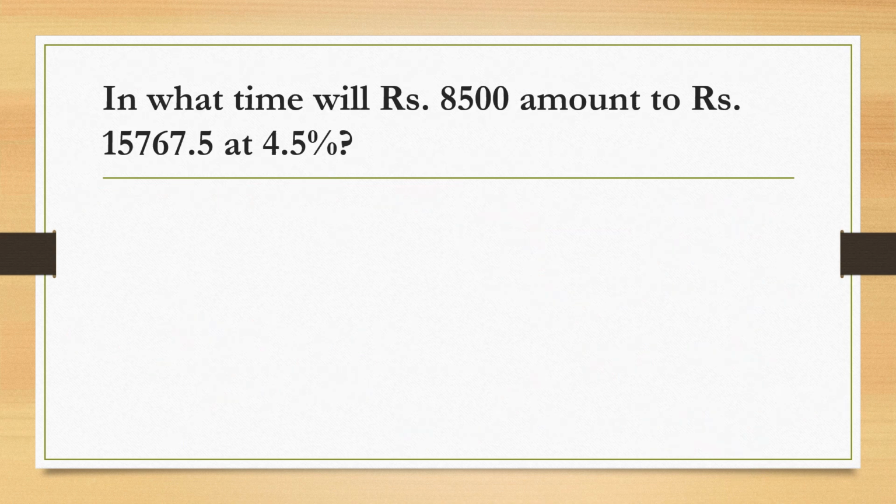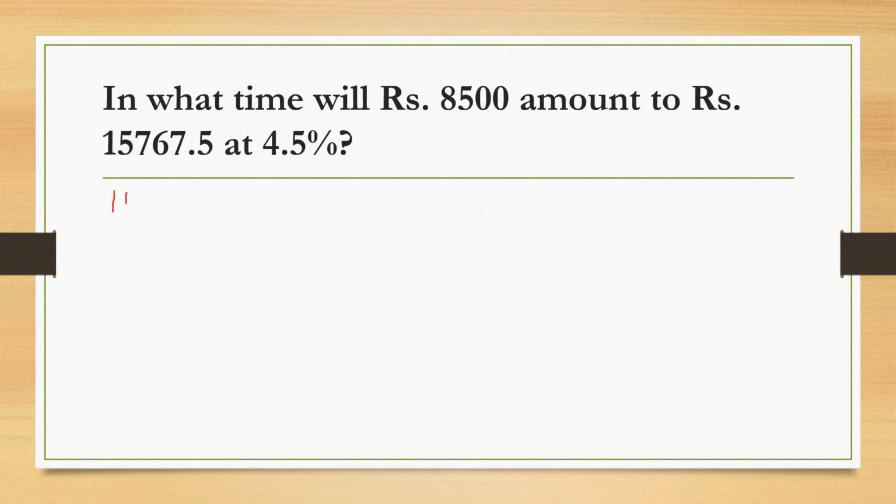In what time will rupees 8,500 amount to rupees 15,767.5 at 4.5%? Here the principal amount is 8,500 and it amounts to 15,767.5.